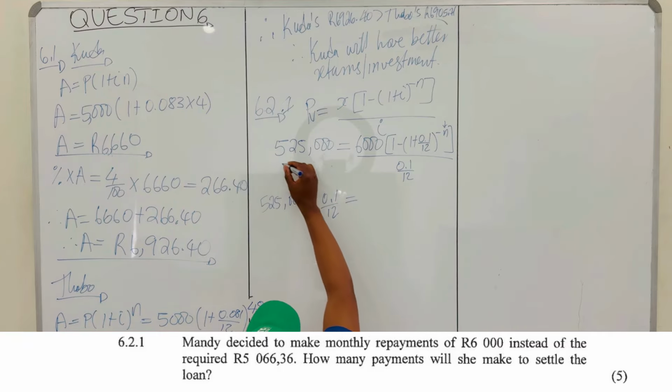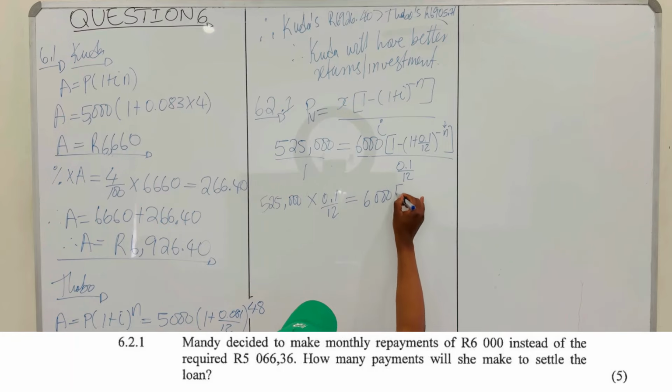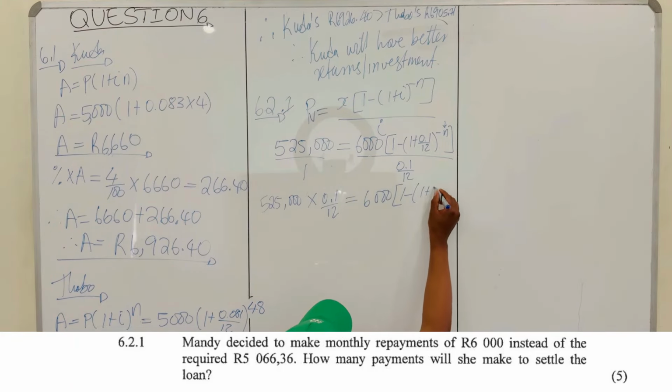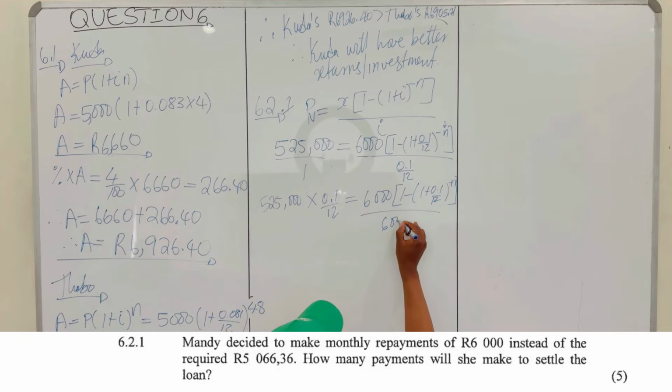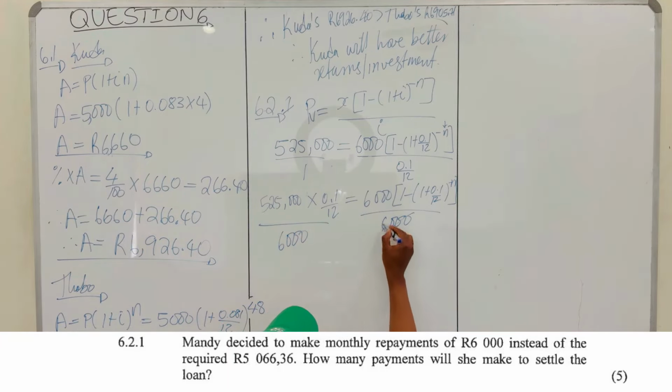This side goes over 1. This times this, you're left with 6,000 into 1 minus 1 plus 0.1 over 12 raised to negative n. Do you agree? Yes. And then divide by 6,000. This and that go away.